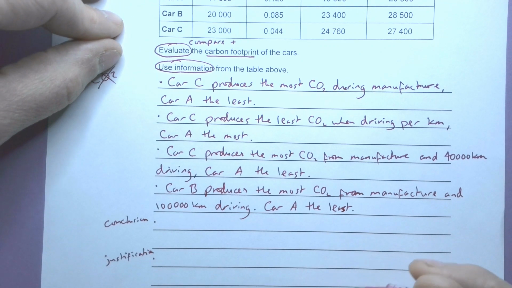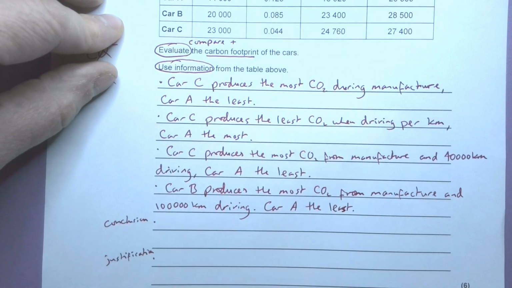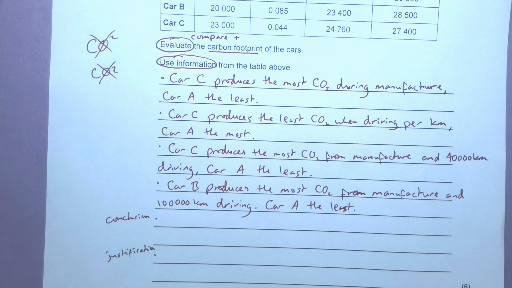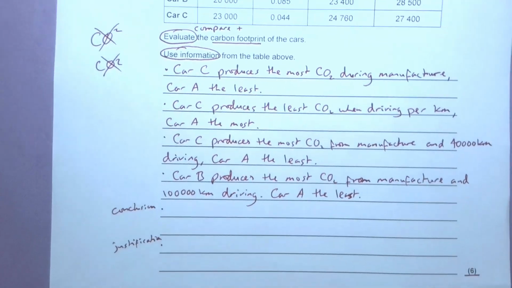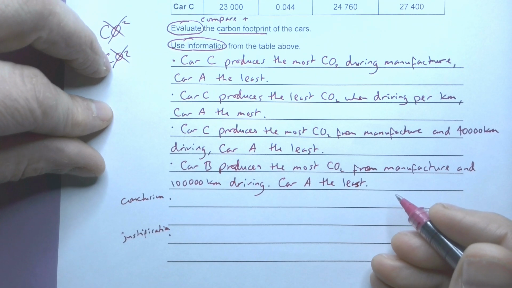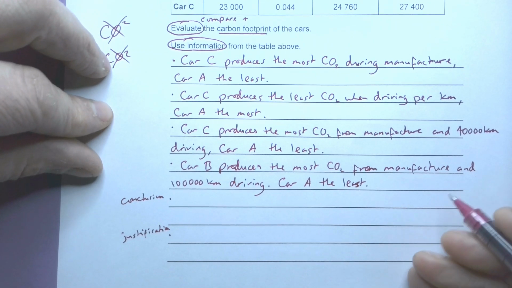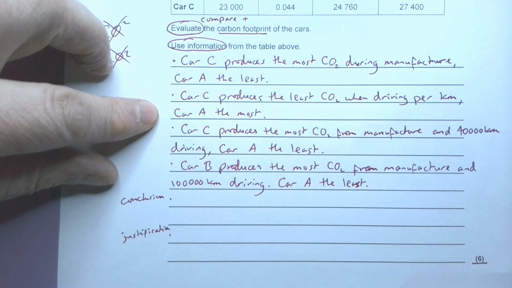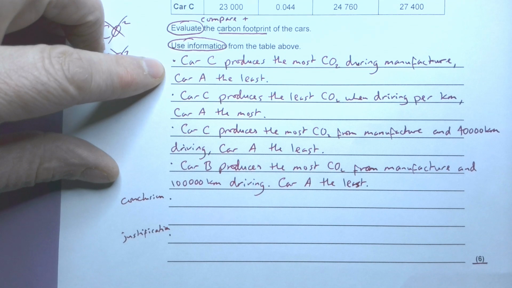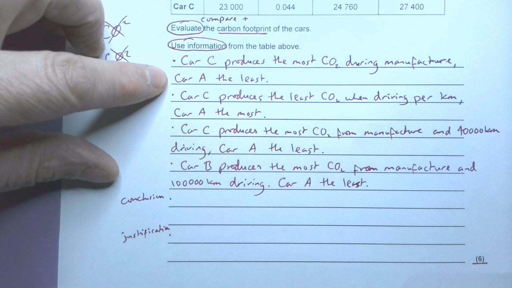Okay, so what things do we need to say about that? Is there anything else I can say about this? So car C produces the most CO2, car A the least.